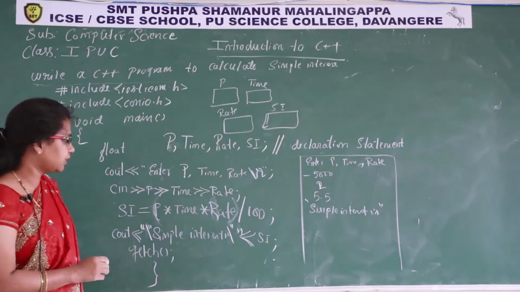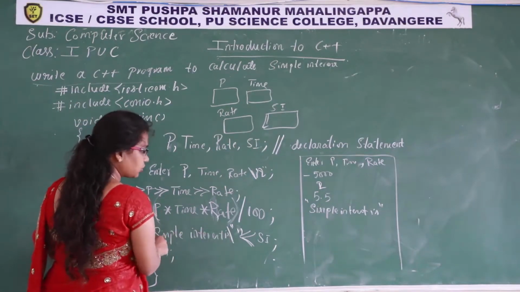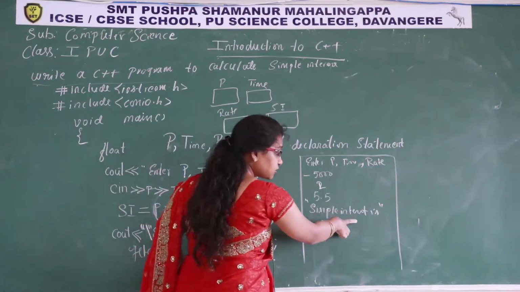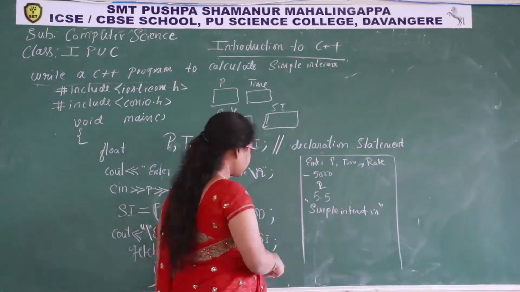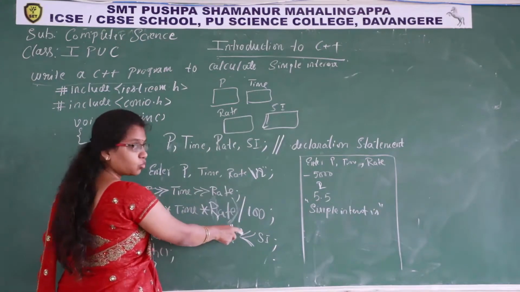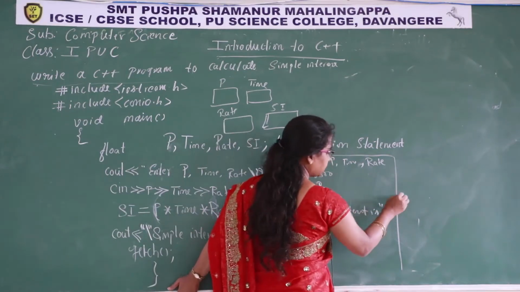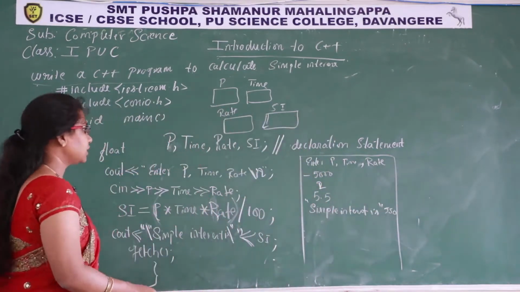So try to understand here. This double quotes is different from this one. This is backslash double quotes. I want to display this text within double quotes on the screen, that's why I have given backslash double quotes here. And within double quotes, this is the rule. Simple interest is 550. In this way, it will display.